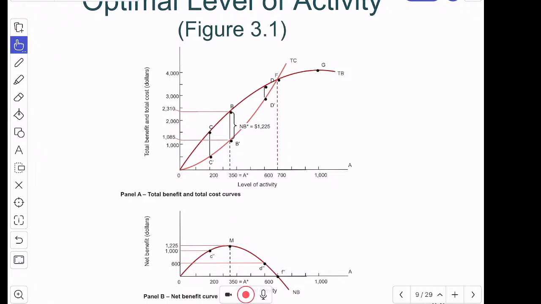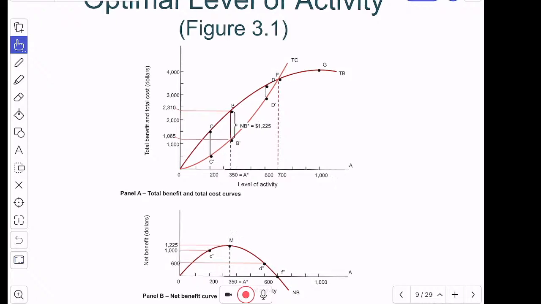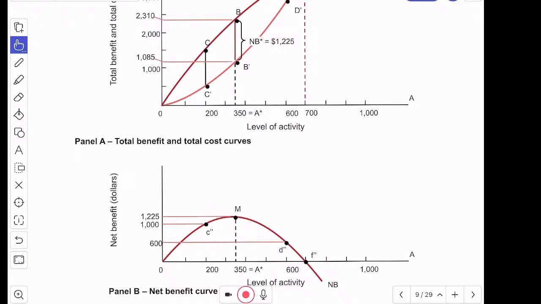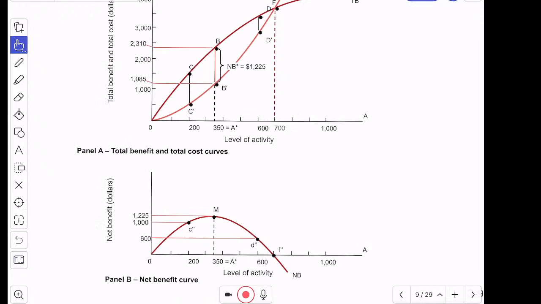Calculus will quickly help us achieve the optimization, where now this curve represents net benefit, total benefit minus total cost.